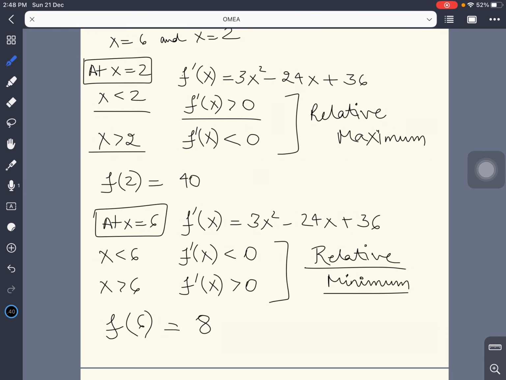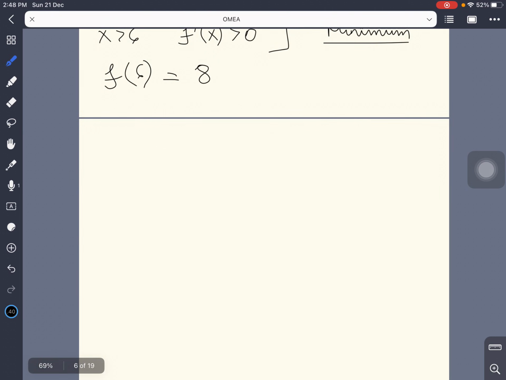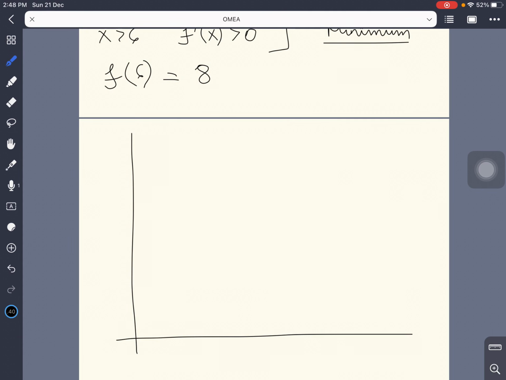We can also plot the graph correspondingly and look at it. If we wish to make a graph of this, let's take 10, 20.